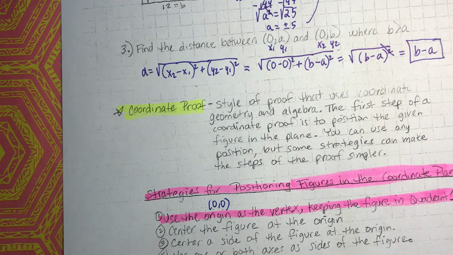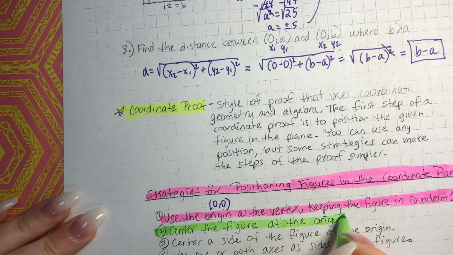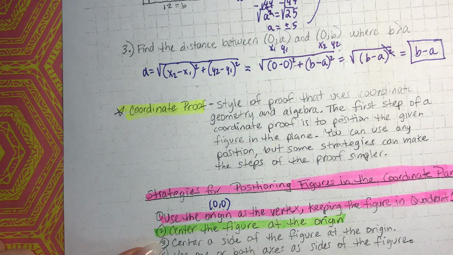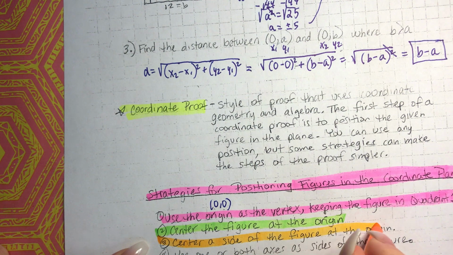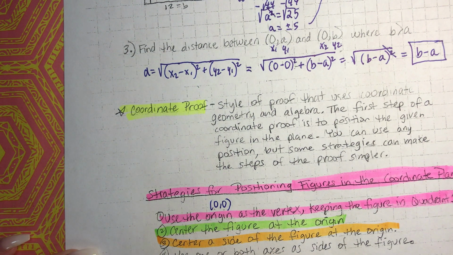Okay? Another strategy is to center the figure on the origin. And then a third strategy is to center a side of the figure at the origin. And the last strategy is to use one or both axes as sides of the figure.